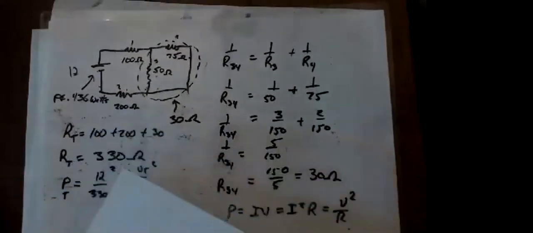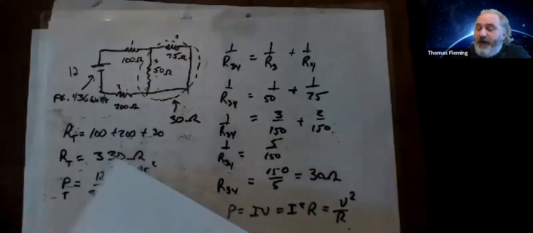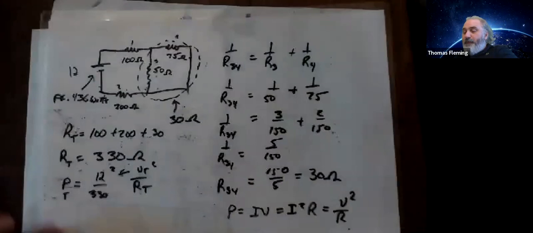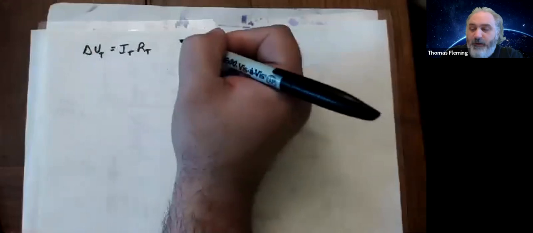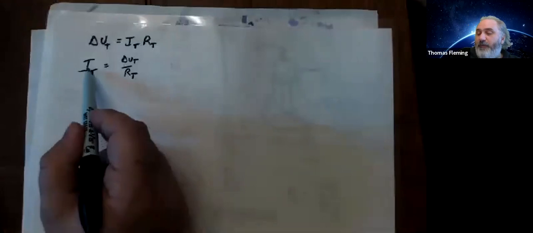So here's how we're going to do this. We found R total for the entire circuit, and I know V total for the entire circuit. Since I know that delta V total has to equal I total times R total, I can then solve that for I total. This is going to be all the current that comes out of the battery.